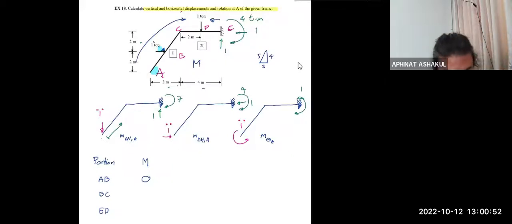Sine is 0.8, right? What's the sine? Oh, because the angle of the cos is here. Right.